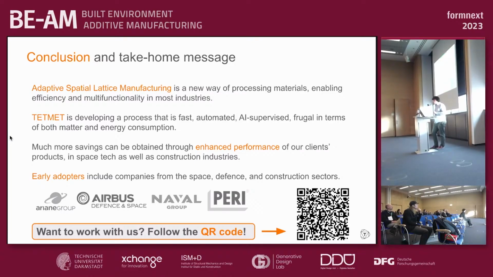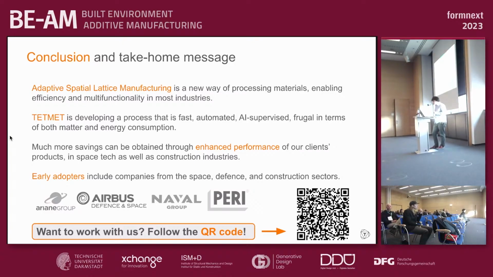And this is without counting savings that can be made if we improve the properties of the products of our clients. For instance, right now we are working with the space industry, and of course we can save CO2 on the amount of material and energy we spend to build the rockets. But if we can save, let's say, 50 kilograms, that's a huge improvement for the whole system. And this is not taking that into account in my numbers, so it's actually even more, probably.